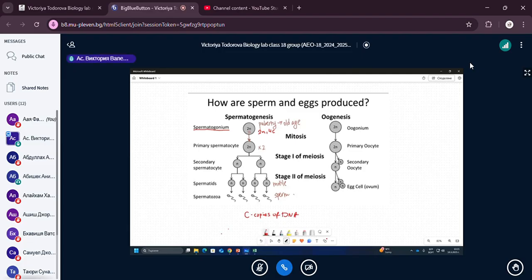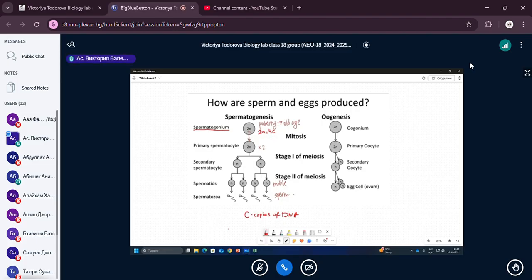So here in spermatogenesis, these cells, first of all, are diploid with 4 copies of DNA or 4 sets of chromosomes.